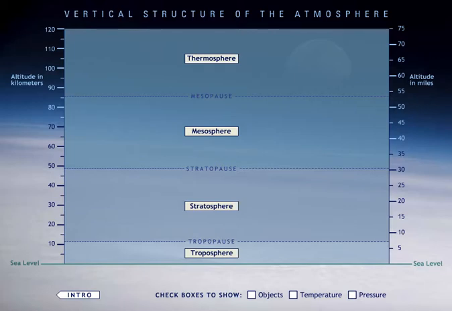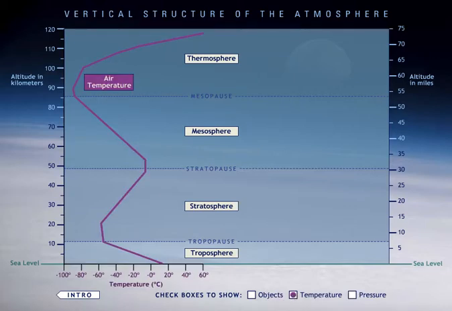The thing that makes these layers different is the way that temperature will be fluctuating all the way throughout these layers. So what I've done is I've highlighted the air temperature pattern line, which is in purple, and you don't have to necessarily pay attention to the numbers.